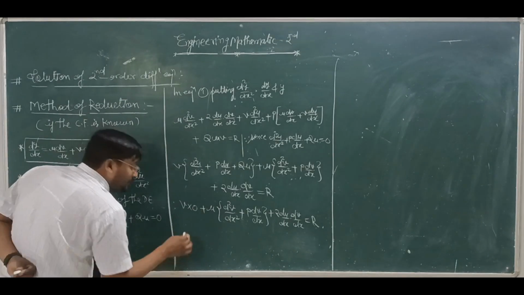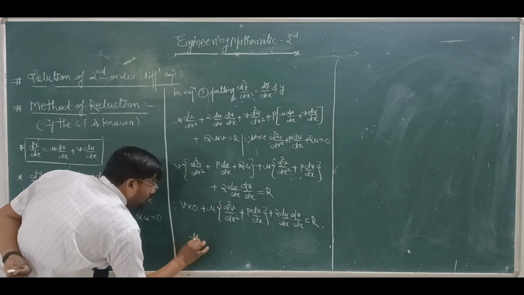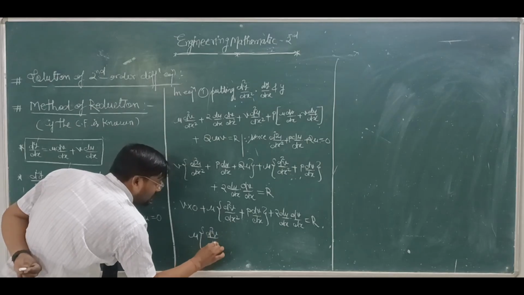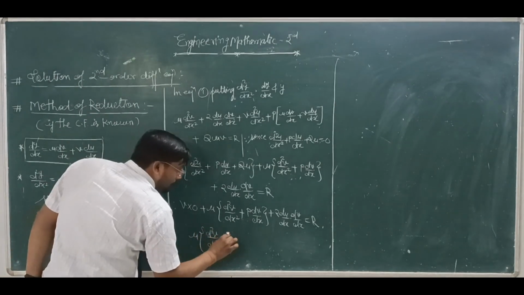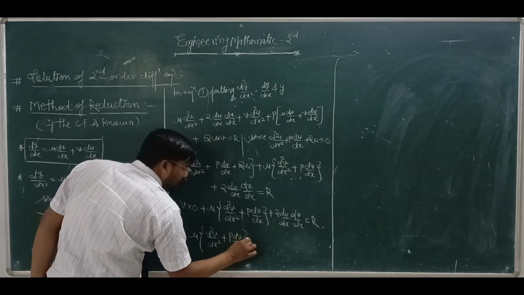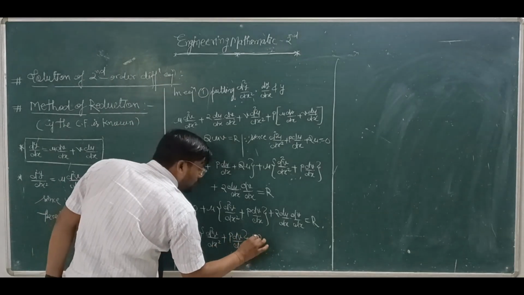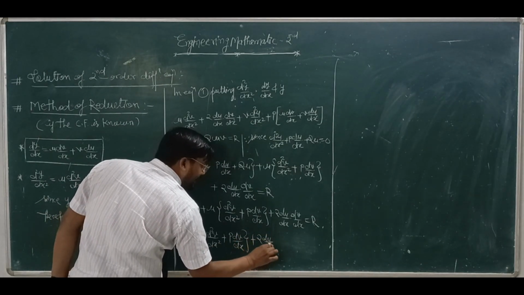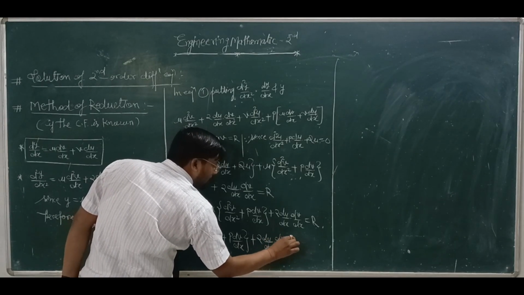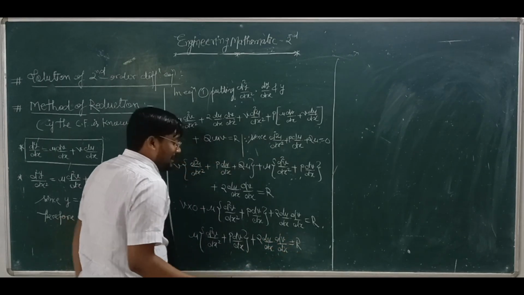Now you can write u d2v of dx2 plus p dv of dx plus 2 du of dx into dv of dx is equal to r.